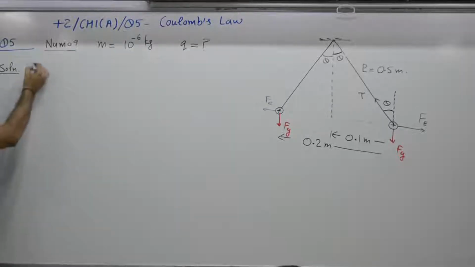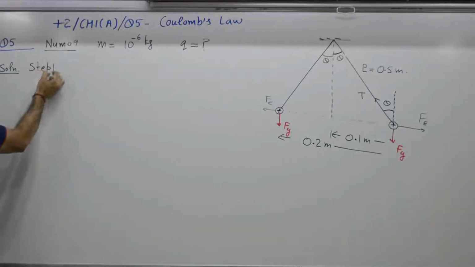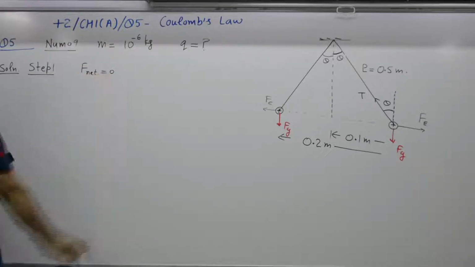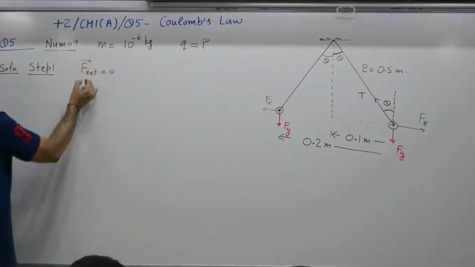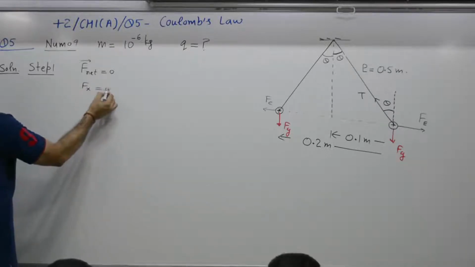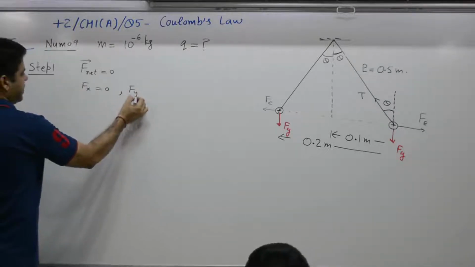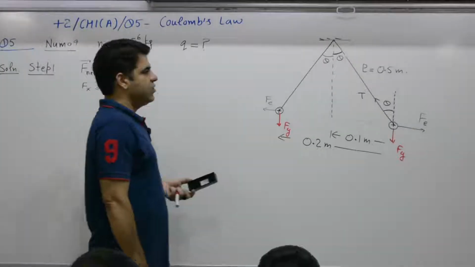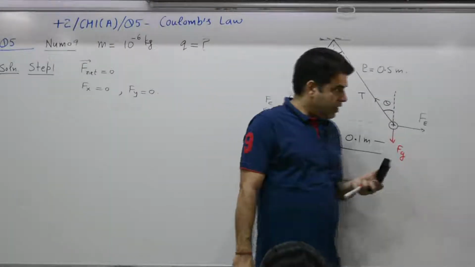Step 1: net force on the particle is 0, which means force along the x-axis is 0, and net force along the y-axis is also 0. Try to write the equation.